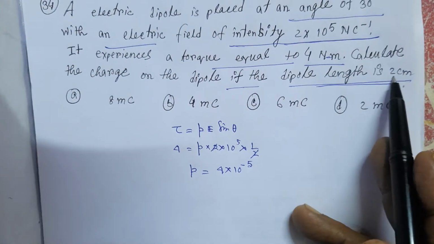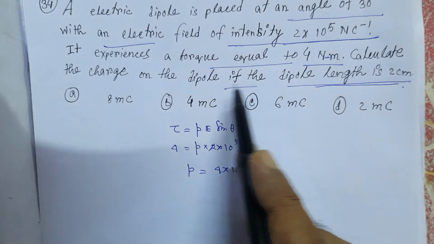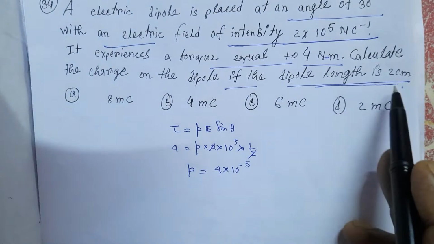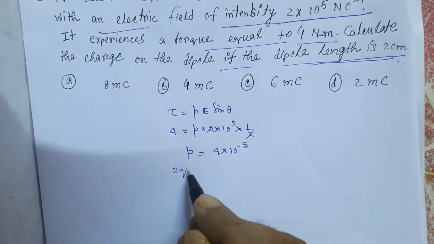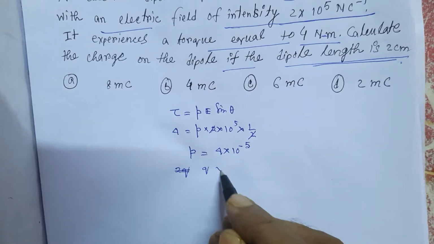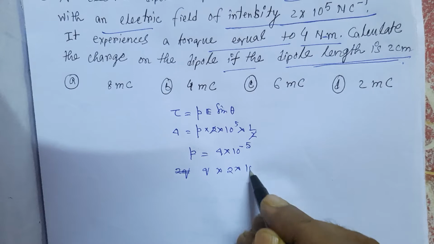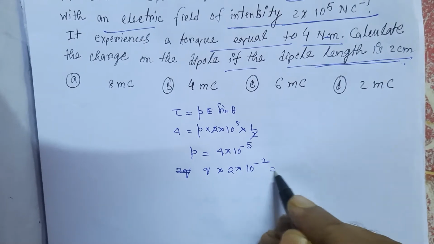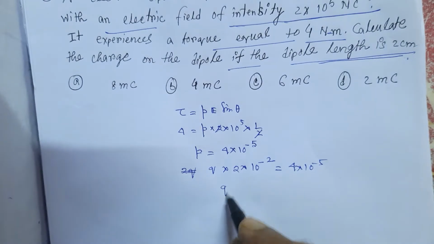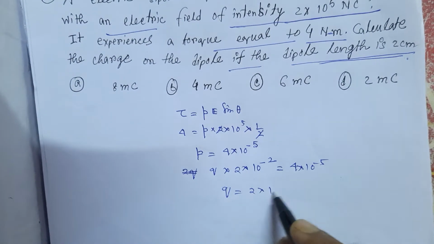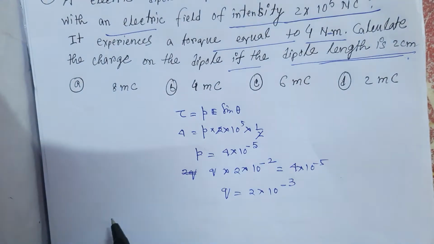Now the distance between the two charges is 2 centimeter. P equals Q into L, Q into 2 into 10 to the power minus 2 meter (2 centimeter), equals 4 into 10 to the power minus 5. So Q equals 2 into 10 to the power minus 3.